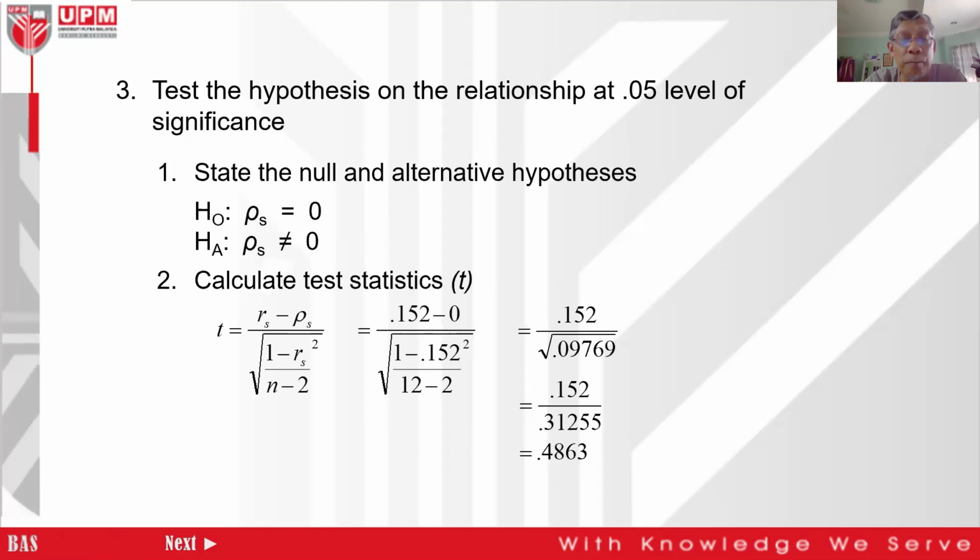If I were to ask you, this value for t, 0.4863, is it considered to be big or small, large or small? Big. Yeah? Big. Adila says big. But remember, Adila, your t ranges between minus infinity to plus infinity.